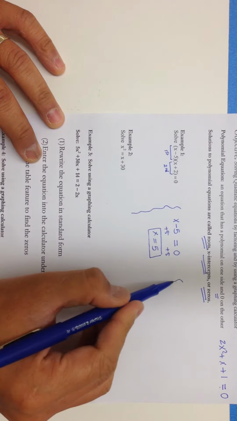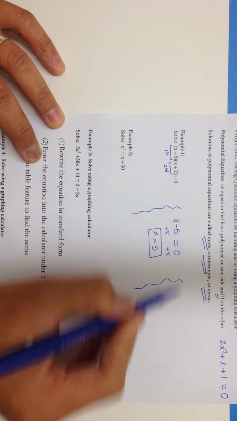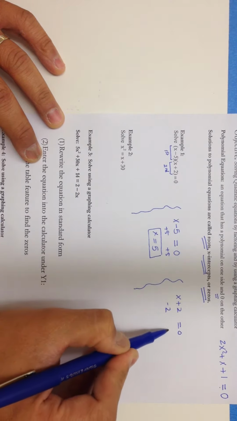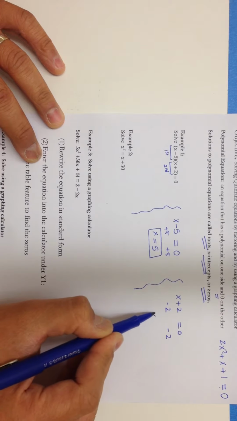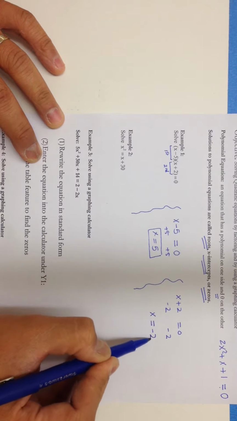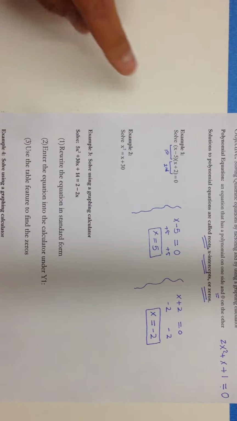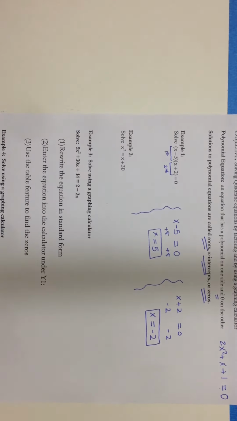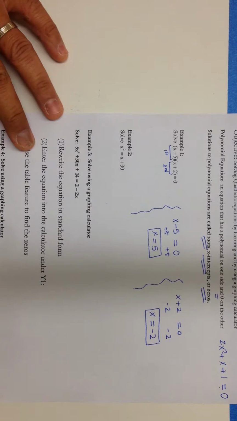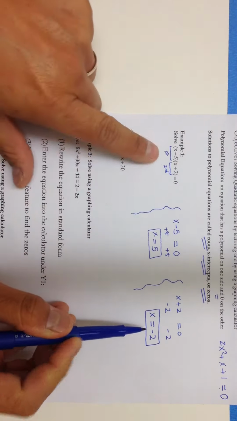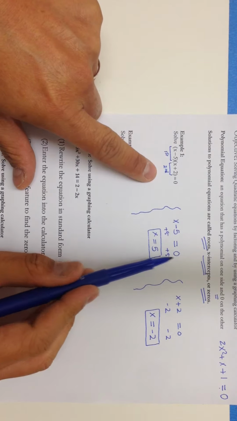We take the second factor, which is x plus 2, set that equal to 0, subtract 2 from both sides, and x equals negative 2, and that would be another solution. So in this polynomial, which has already been factored for us, we know that there are two solutions. The way we did that was we took each factor and set it equal to 0, and then we solved.